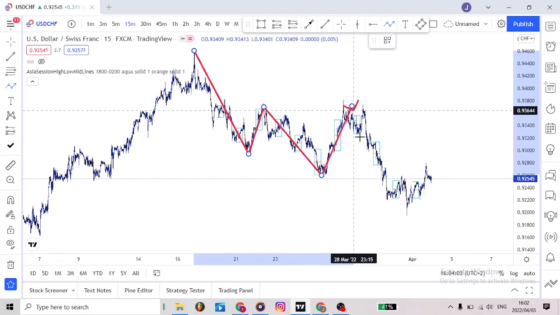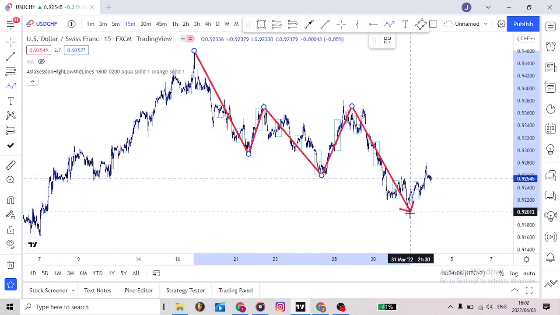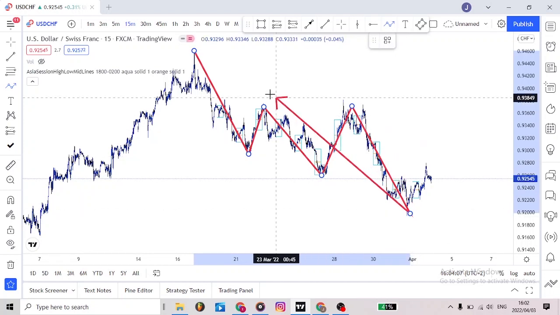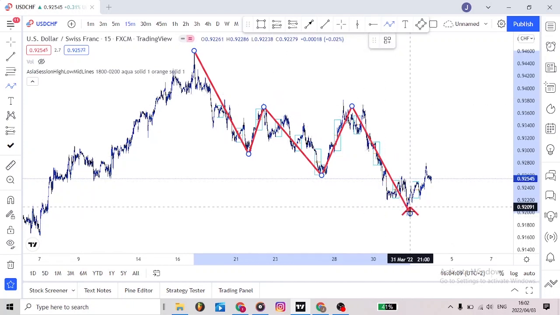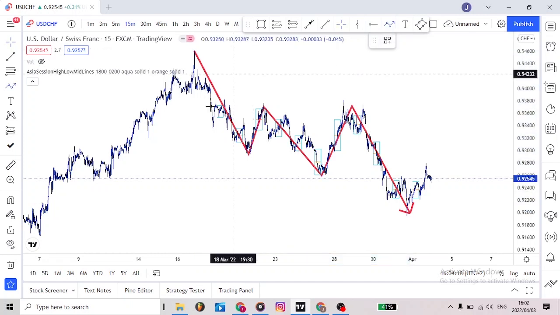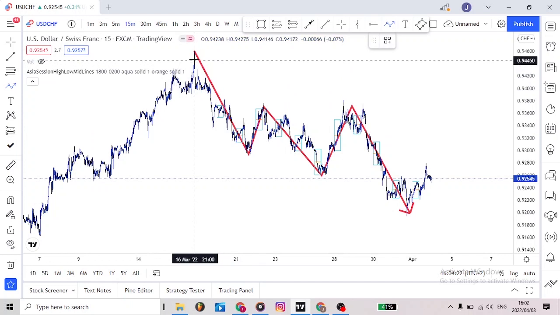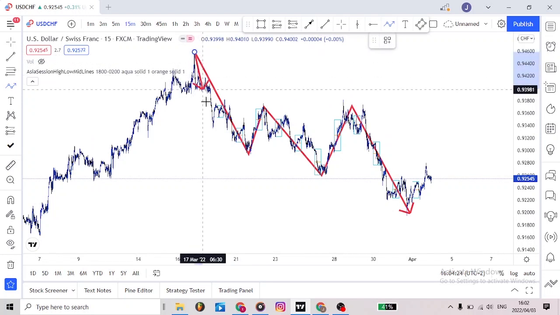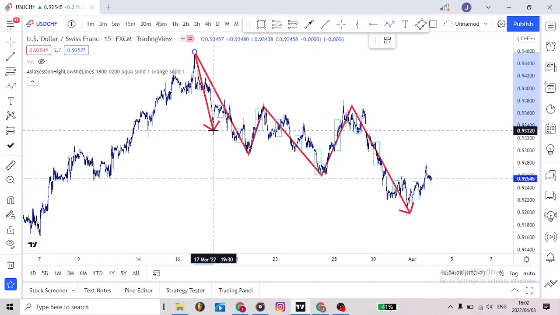But within this trend, we have what? Within this trend, we have minor trends. Okay, for example, let's just say we have this one here, starting all the way again. We have that small downward trend. So this was a downtrend within a downtrend, and then we started going a little bit up.